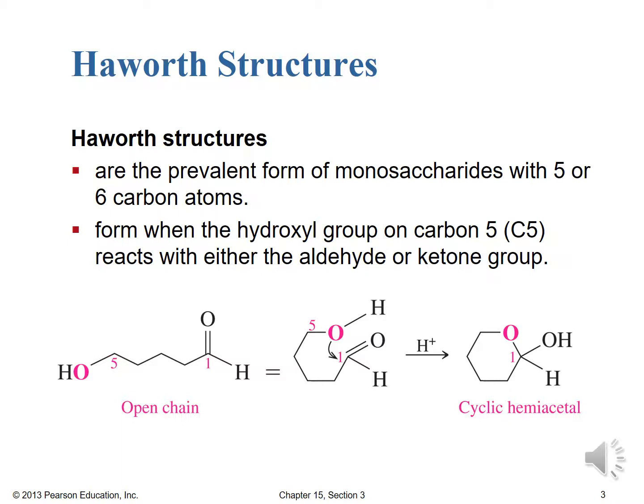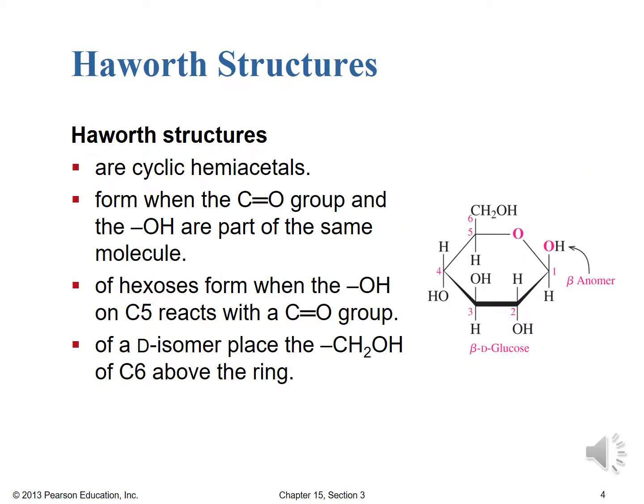It's nice and easy to represent, but it's not really how things are most of the time. 90+% of the time, the 5 or 6 carbon monosaccharides will form these ring structures, these cyclic hemiacetals, and we see how that happens with that carbon 5 hydroxyl group attacking, in this case an aldose, so we have carbon 1 being the carbonyl carbon and then forming this 6-membered ring. It's a heterocycle because one of the members of the ring is an oxygen, a bridging oxygen, instead of being all carbons.